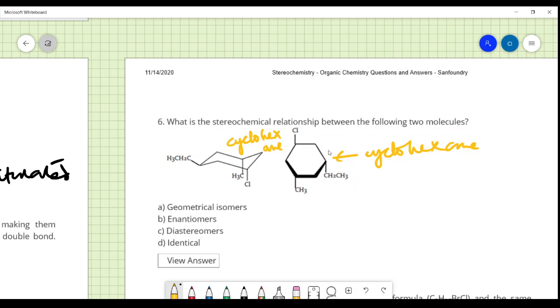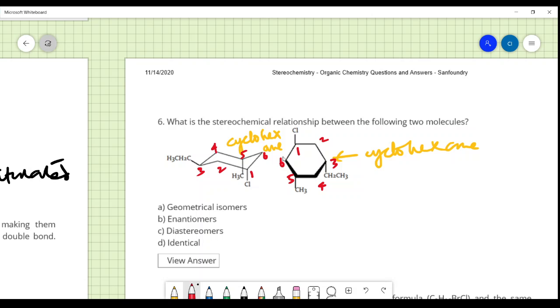So you can start numbering them. Suppose you start from number 1 here, this is 2, this is 3, this is 4, this is 5, and this one is 6. You can number it likewise here: 1, 2, 3, 4, 5, 6. So all of them are in the same position.